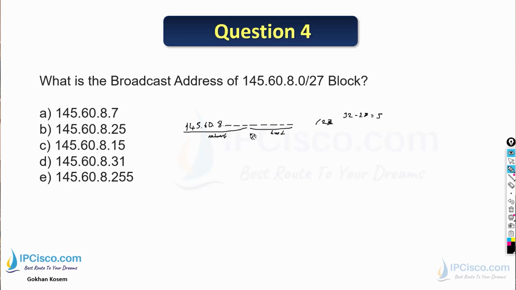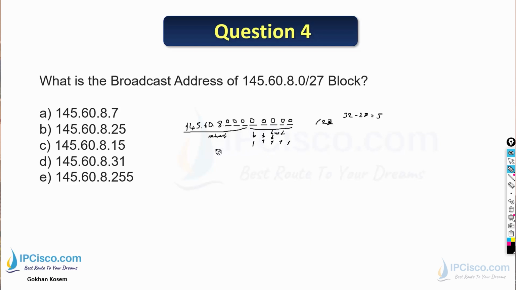So the last octet is 0. It is easy, so we can write all zeros here. This is the block, but how can we find the broadcast address of this address? We need to change these zeros to ones. So we will change this 0 to 1, this 0 to 1, and so on for all five host bits.